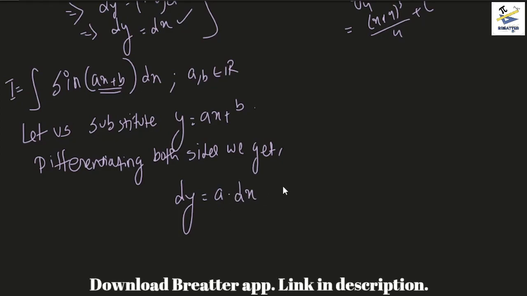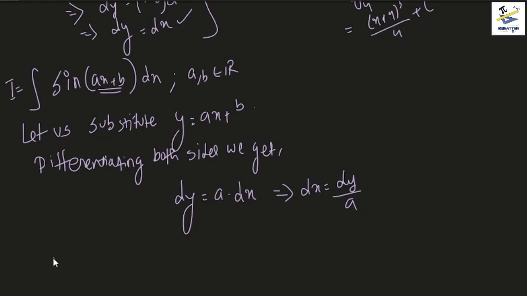So dy would be a dx, or in other words, dx should be equal to dy by a. Now this turns our integration into sine of y, because ax plus b is y, and dx is dy by a, and this gives you 1 by a times the integral of sine y dy.